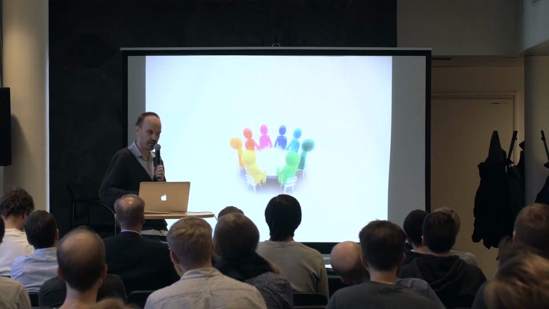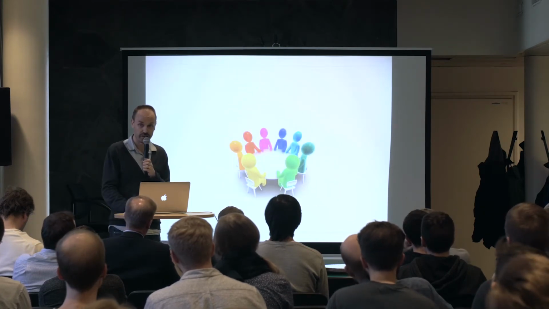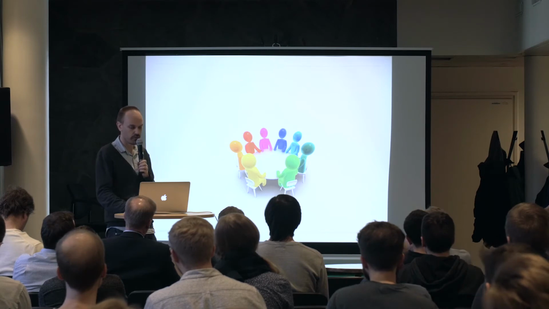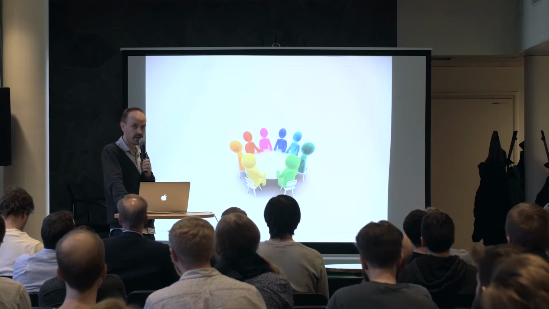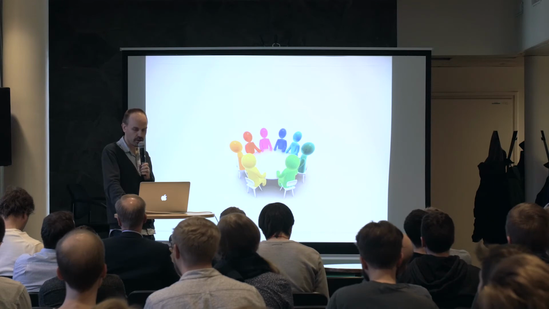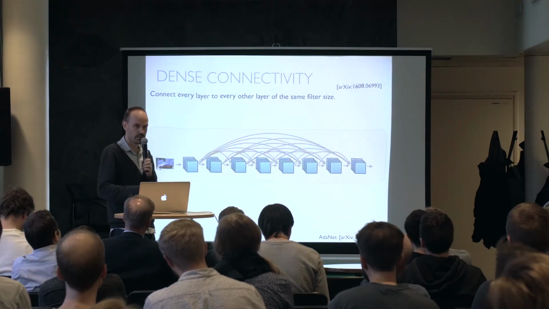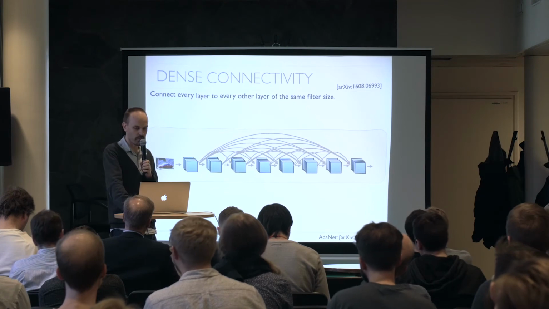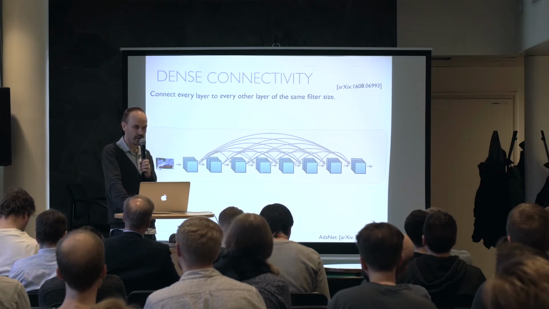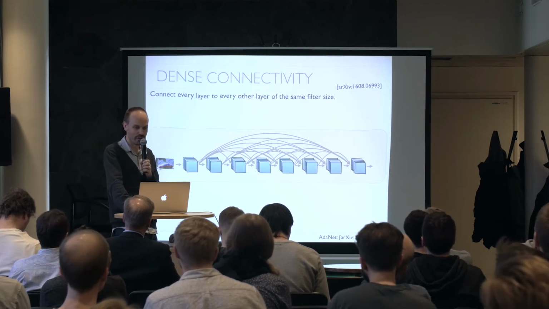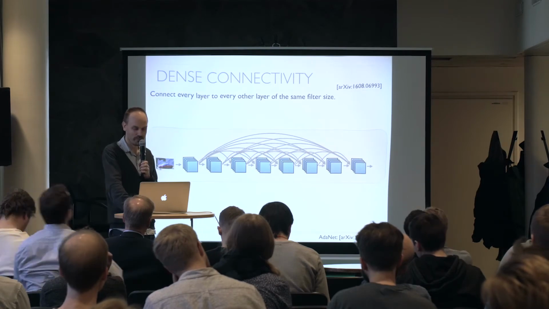Why can't the layers just talk directly to each other without any of the intervening layers? And that's the idea of this second paper called dense connectivity, where instead of having a ResNet, we modify the idea and actually add a connection from every layer to every other layer.